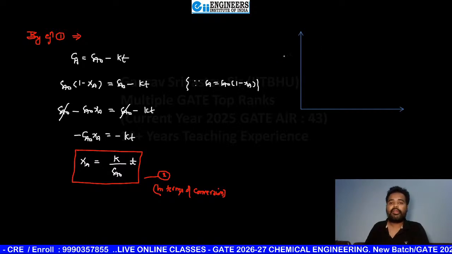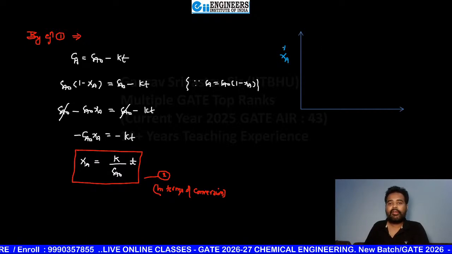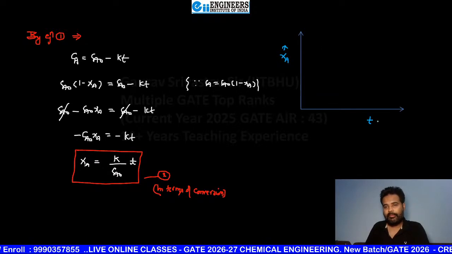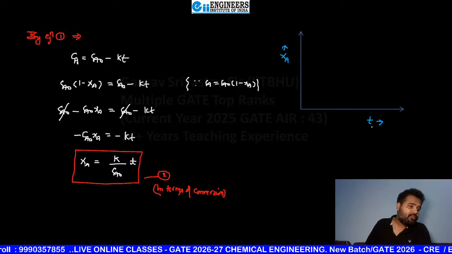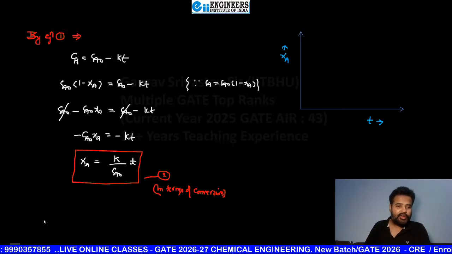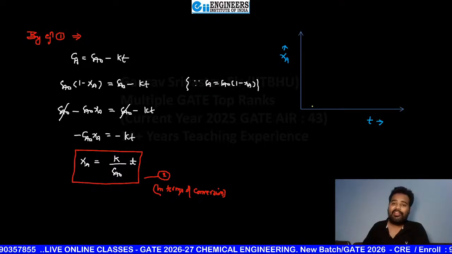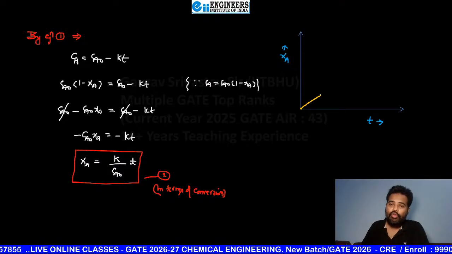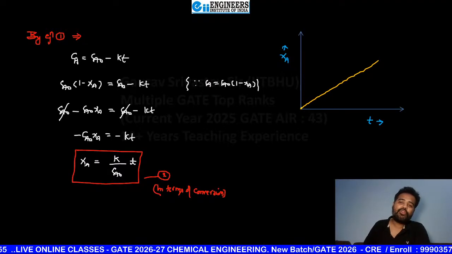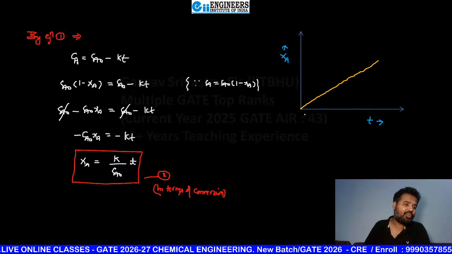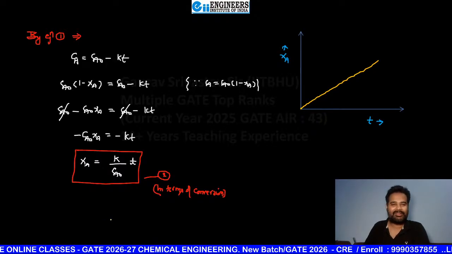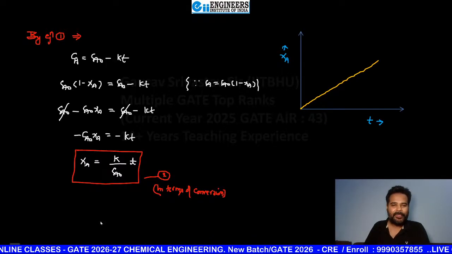This time here you can take XA and here time. Very good, very good. So clearly it will be a linear line with positive slope going from the origin 0, 0. Very good, absolutely correct. Everyone is correct. Fantastic beta, I'm very happy.